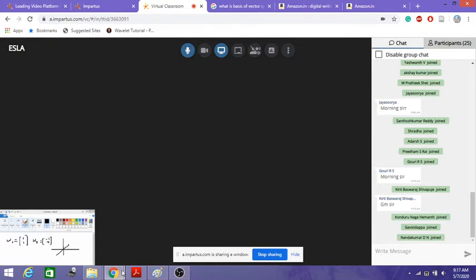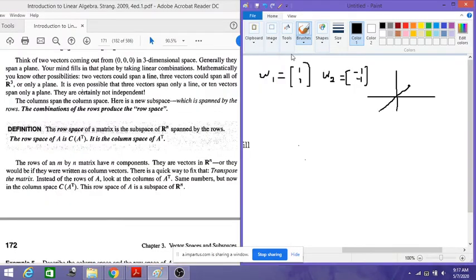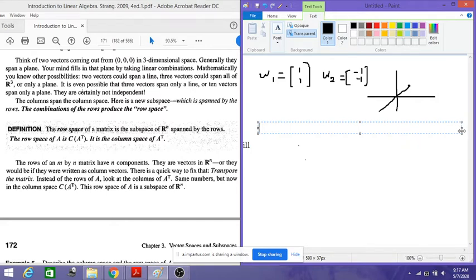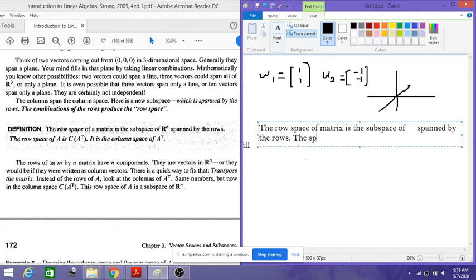So now let us write the definition of the row space here. The row space of a matrix is the subspace of R power n spanned by the rows. So how do we define that row space? We will not define the row space in terms of rows. What we will do is take these rows to columns by performing the transpose of the matrix.